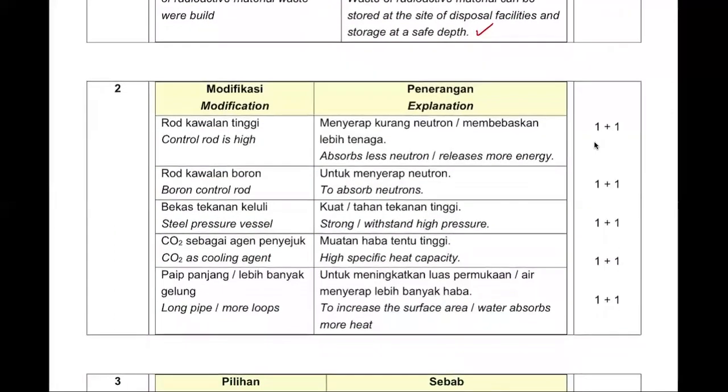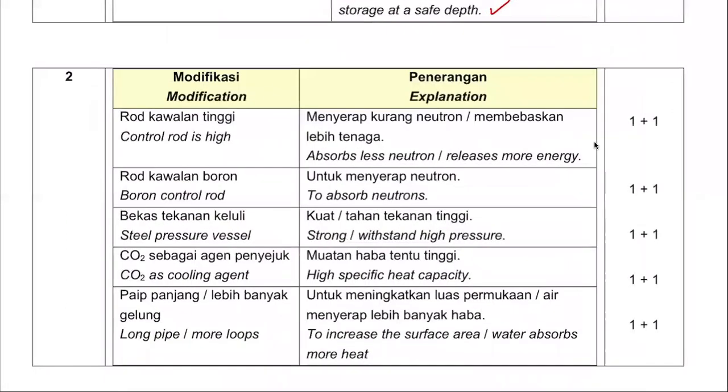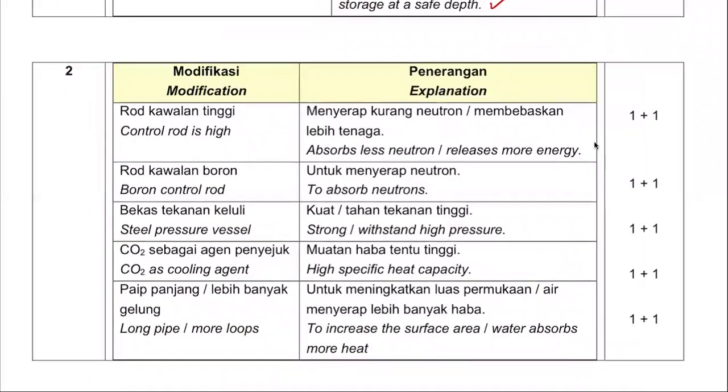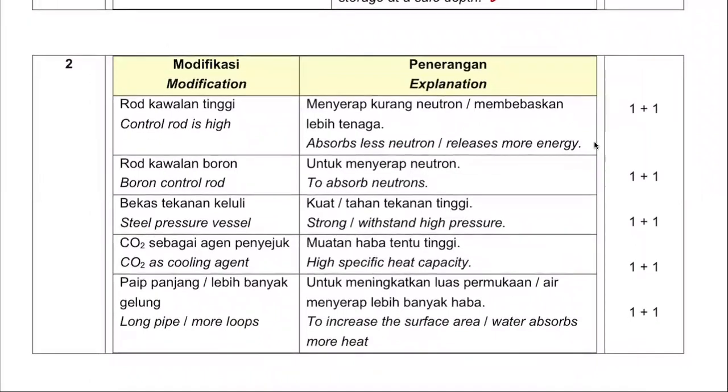Okay. This one. The control rod. Position of the control rod, it should be high. Okay. The control rod should be high. This is to absorb less neutron and releases more energy.